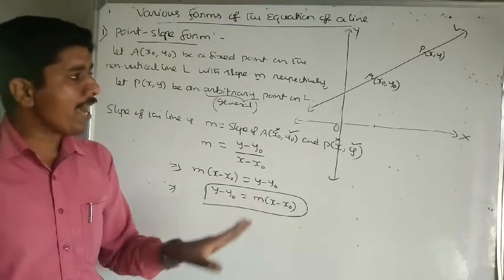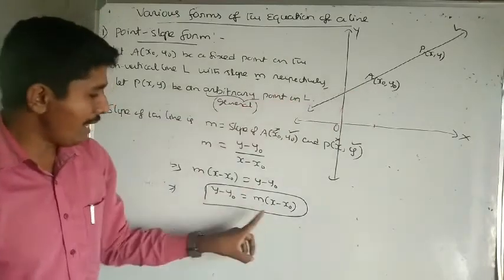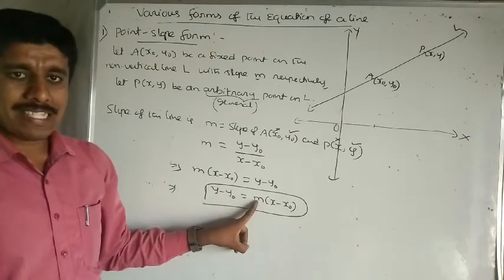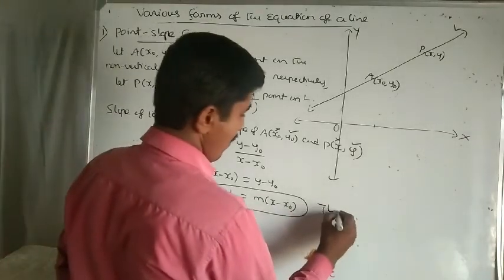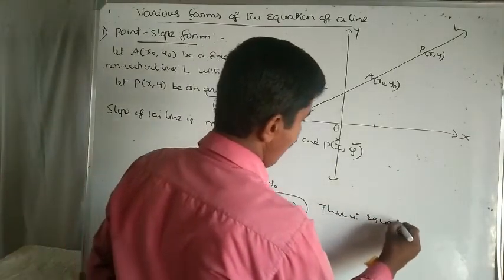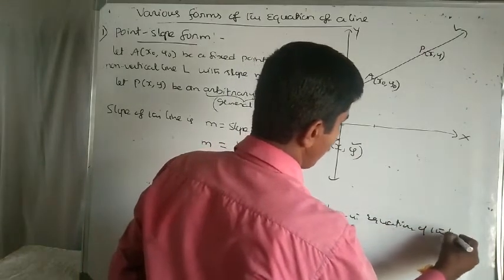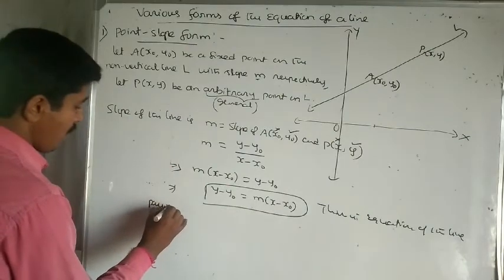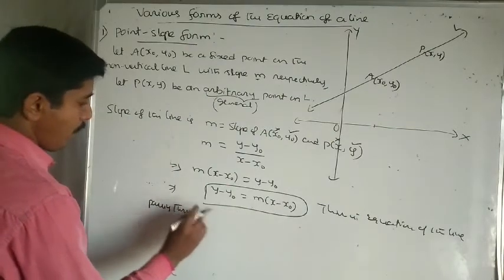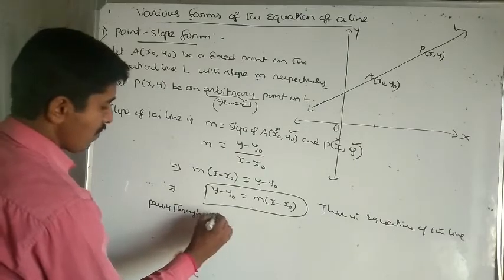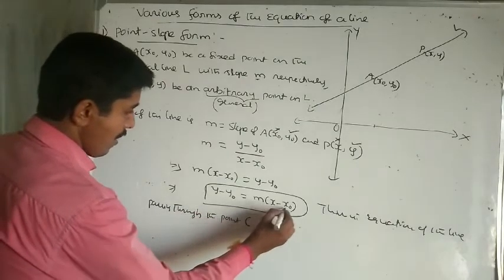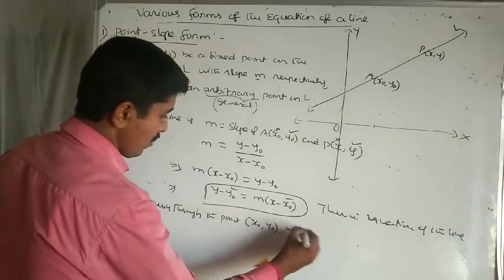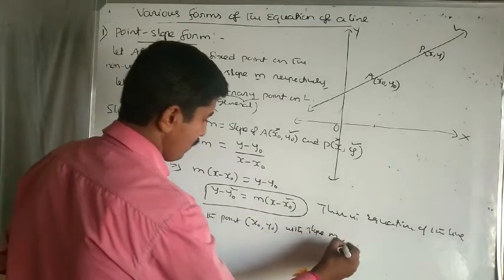This is the equation of the line passing through a fixed point, x naught comma y naught. And the slope is m. This is the equation of the line in point slope form passing through the fixed point x naught comma y naught with slope m.